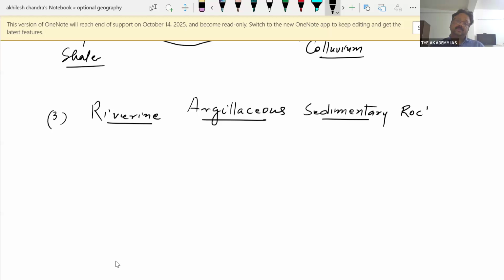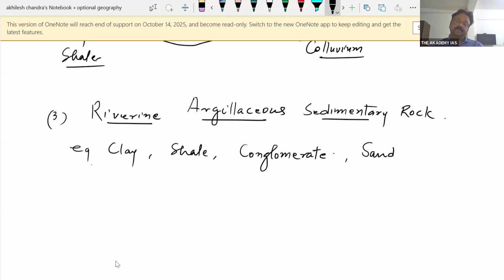It is water which brings the sediment, and the examples we have are clay, shale, conglomerate, and we can also have sandstone. Okay, so these are the rocks which we will get in the river beds. Alluvial deposit is the reason, and this is what argillaceous is.